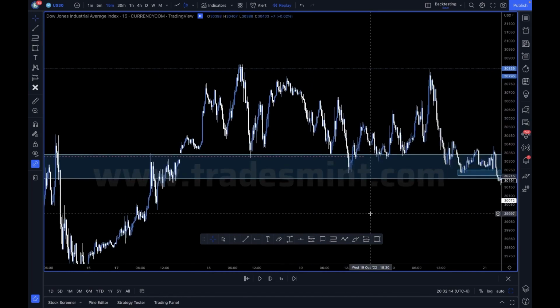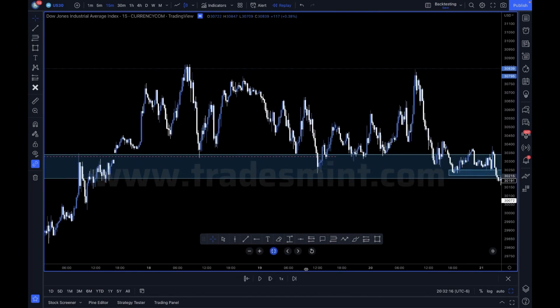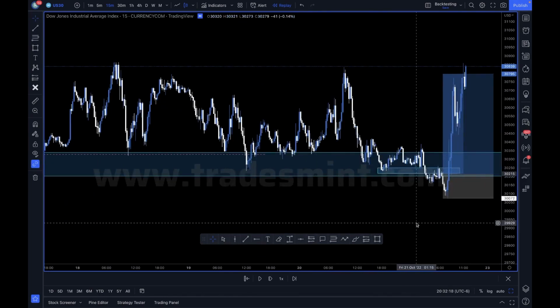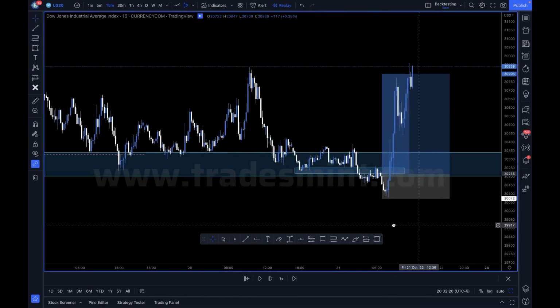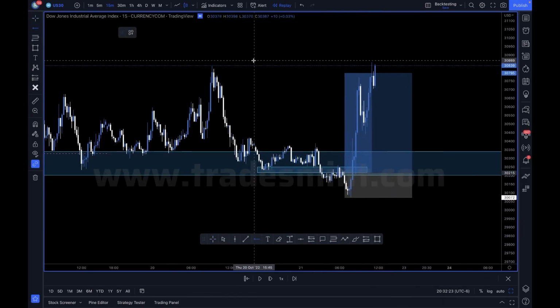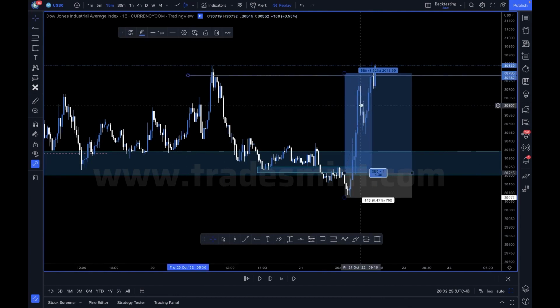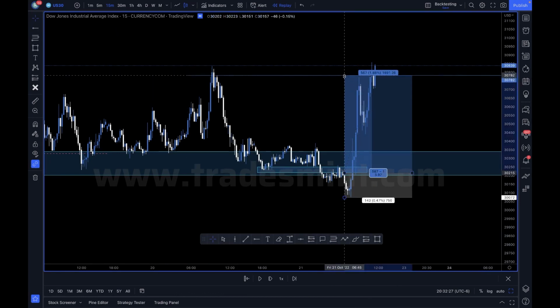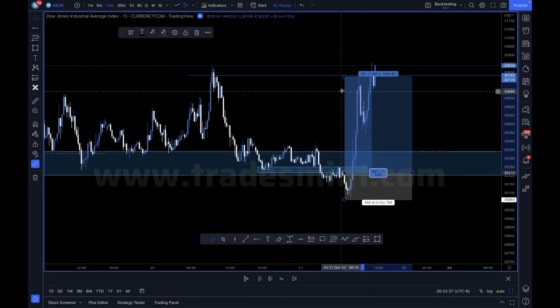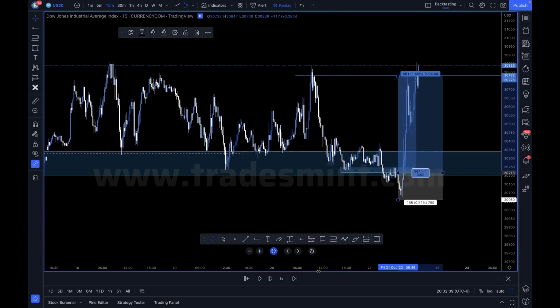But I wanted to show you these because I want you to see that price won't always be so pretty. Up to this point, this is a 1 to 4 right here. Breaks the structure, comes back, does the retest. The stop loss is below here. We're buying up to that zone.